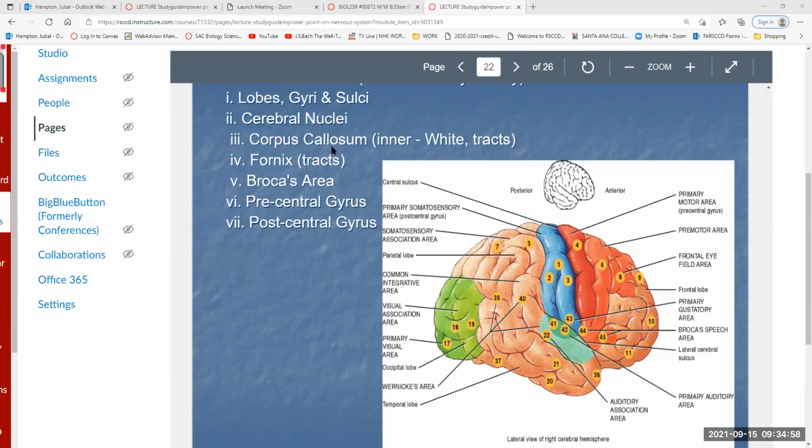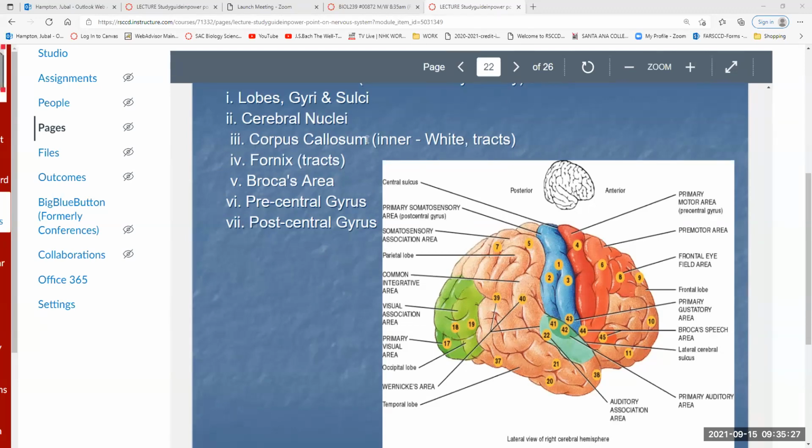It is a highway of inner tracts that allows you to have conversation with yourself regarding everything that's going on. Every human with a normal corpus callosum has internal head conversations. The fornix is a series of tracts that is going to carry the sense of smell back up into our brain.